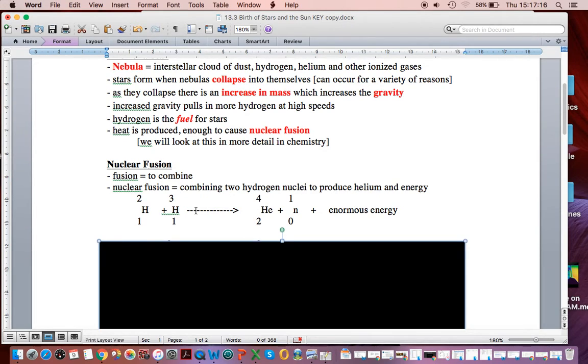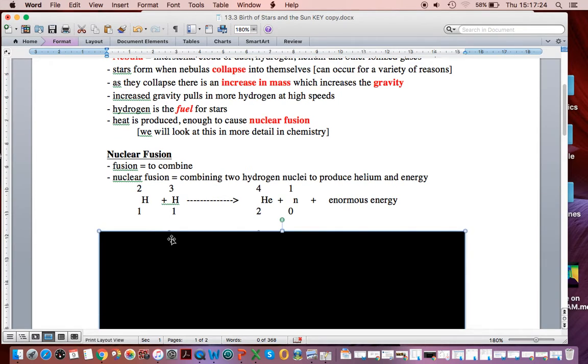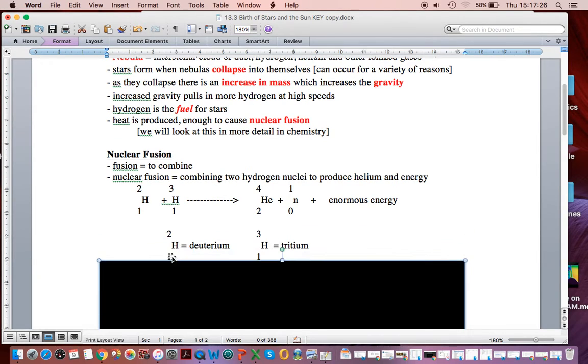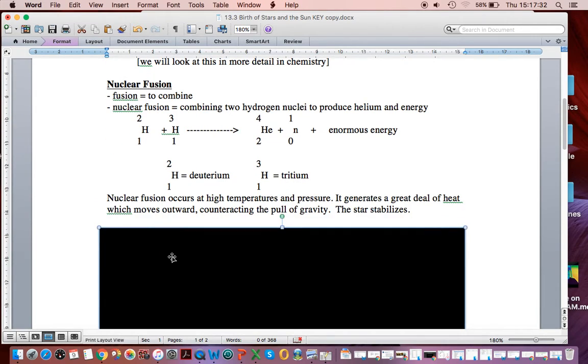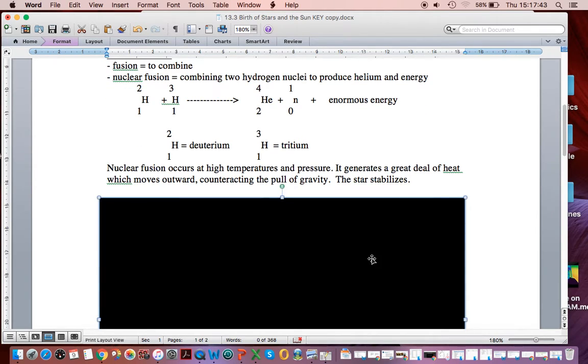These are two elements that we know we're going to find in stars: hydrogen as a fuel and helium as a product of nuclear fusion. You're not going to be responsible for this reaction this time, more when we get to chemistry. In order for nuclear fusion to happen, it requires extremely high temperature and pressure.